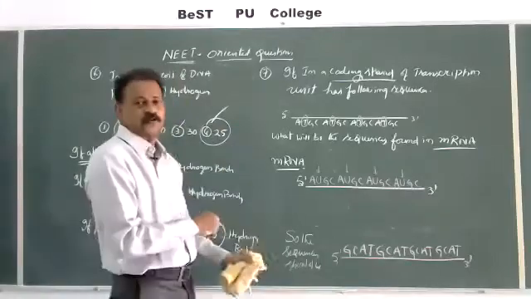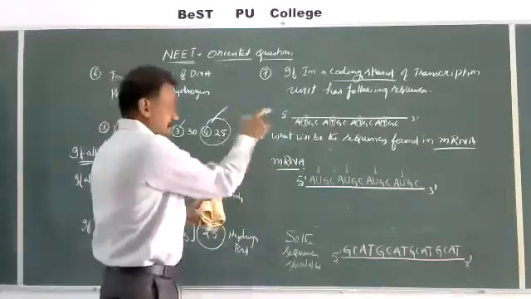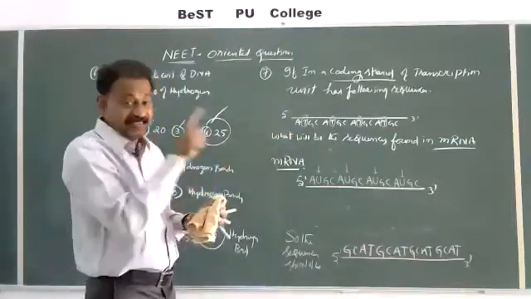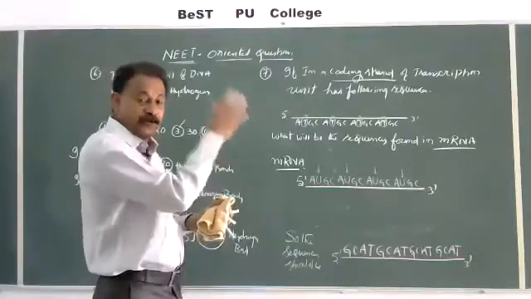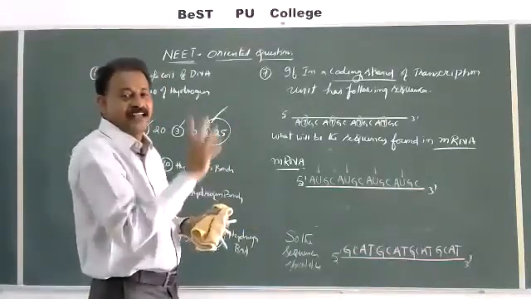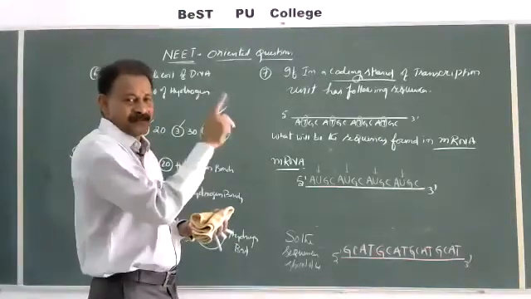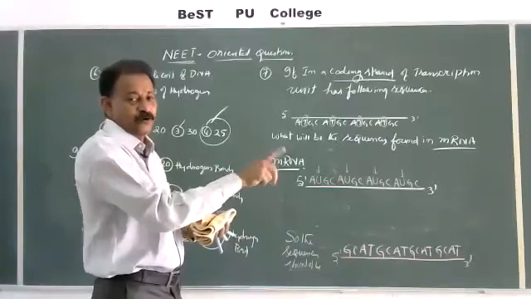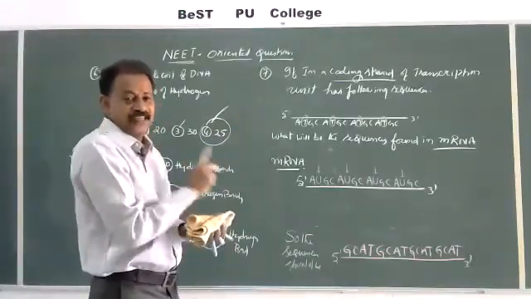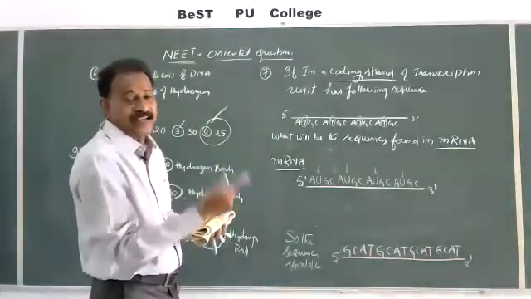Or they may give a DNA strand of a particular polarity, template or coding, and they may ask for the mRNA. So you have to give two answers. If they give coding strand, you have to identify the complementary template strand and mRNA. If they give template strand, you have to identify the complementary coding strand and mRNA.